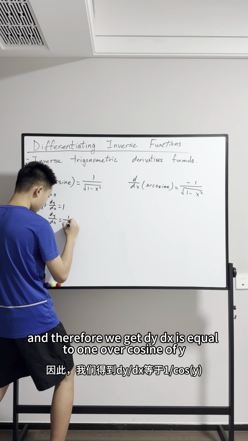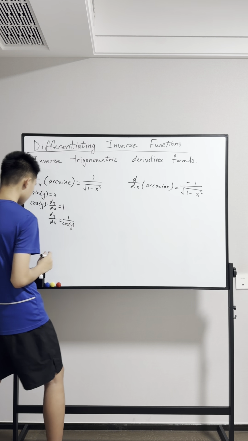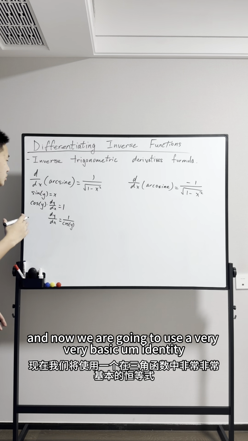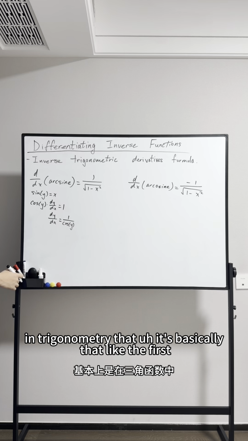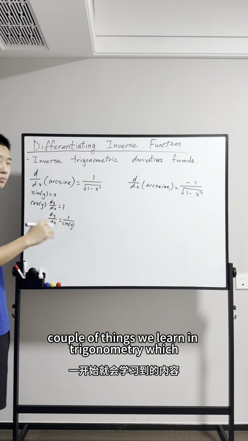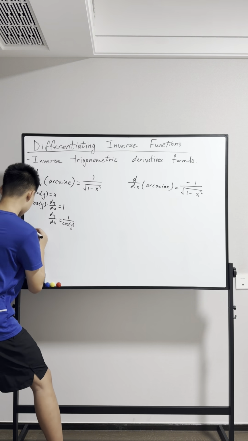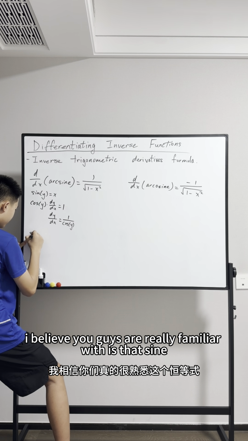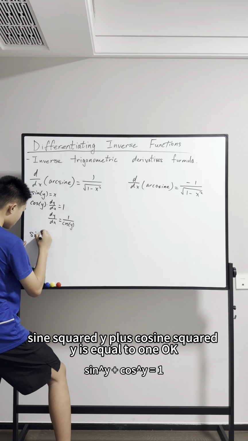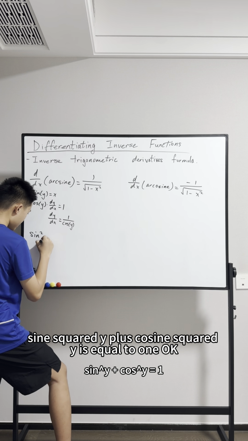Now we are going to use a very basic identity in trigonometry, one of the first things we learn, which I believe you are really familiar with: sine squared y plus cosine squared y is equal to 1.